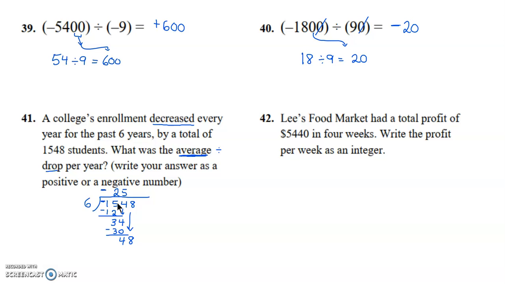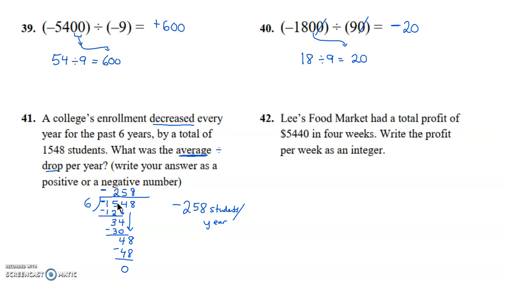And 6 goes into 48 8 times. 8 times 6 is 48. So we get a 0 remainder, and we're writing our answer as a negative 258 students per year. That's our average drop. So our answer is shown as a negative value.